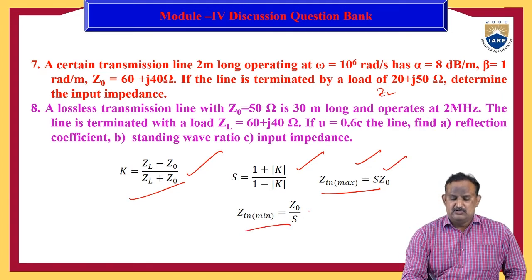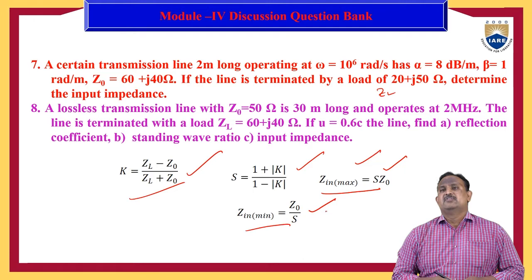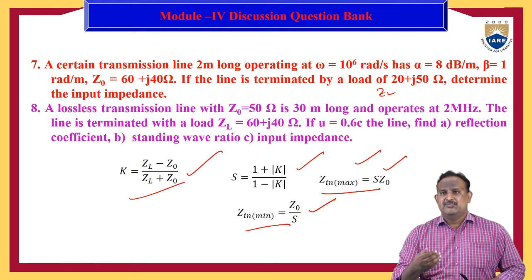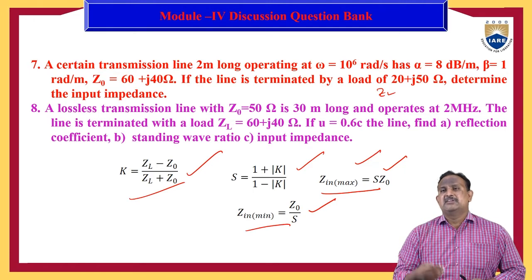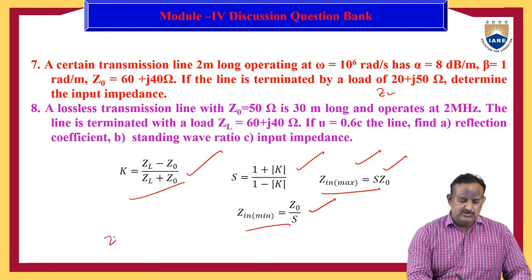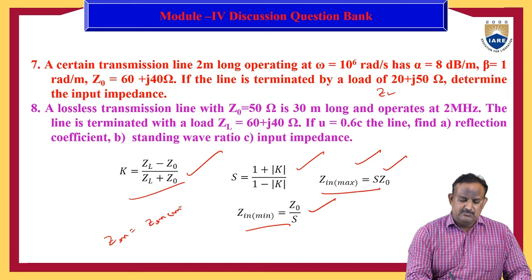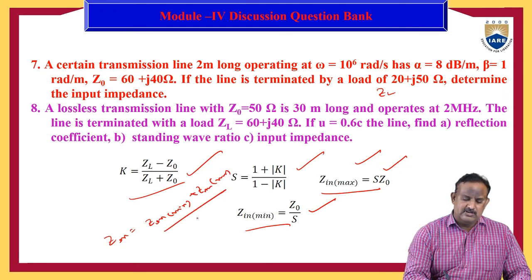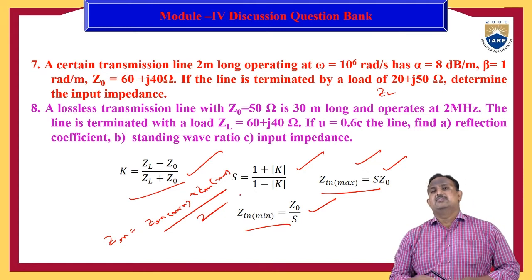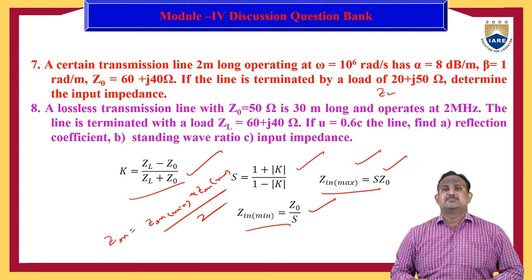Input impedance minimum equal to Z0 by S. Therefore, input impedance is the average of minimum impedance plus maximum impedance. So input impedance Zin equal to Zin minimum plus Zin maximum by 2. In this way, we can find out the input impedance of a given transmission line.